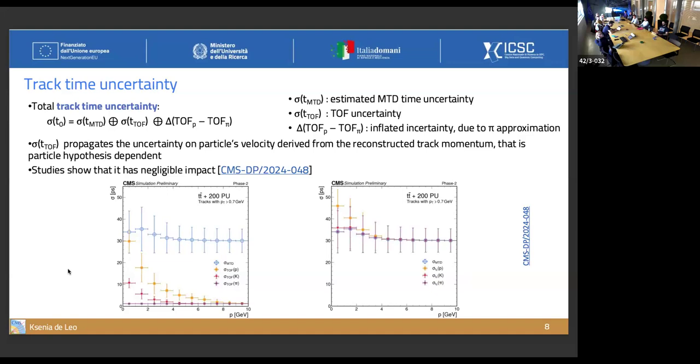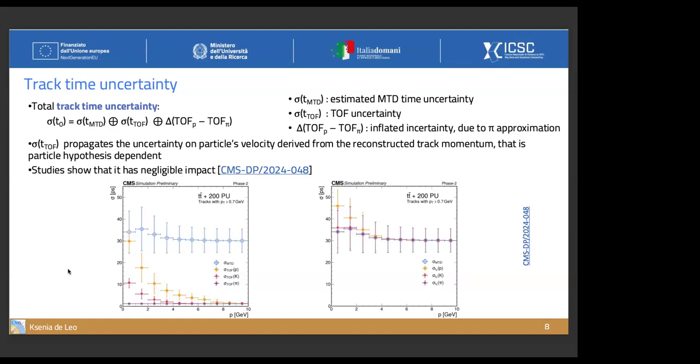So each track is going to have a time assigned, but with the time we also have the track time uncertainty. The total time uncertainty for each track is given by different components. We have the MTD time uncertainty, we have the time of flight uncertainty, and we have an inflated uncertainty, which I will talk about in the next slide.